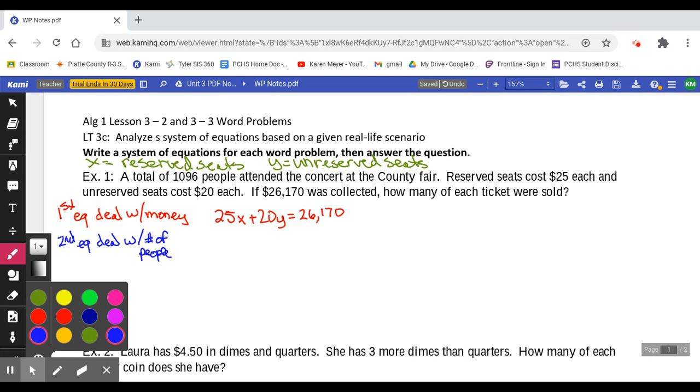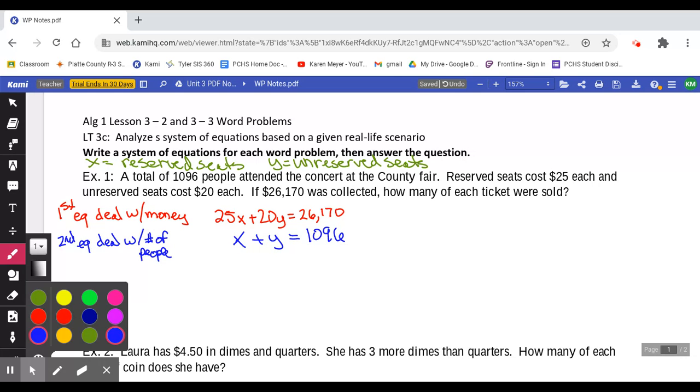So for this one, all I know is a total of 1,096 people went. I have no idea how many sat in reserved and how many sat in unreserved. So all I know is reserved people plus unreserved people has to equal 1,096. So I would say X plus Y equals 1,096. So those are my two equations.